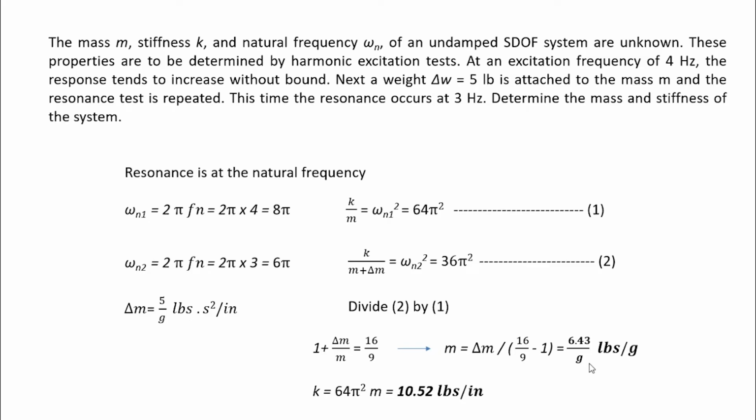So the mass comes to be this much, and substitute it here, you get the value of the stiffness. So this is how we find the mass and stiffness of a system using harmonic test. Let's move on to the next example.